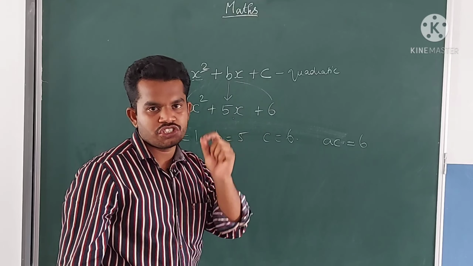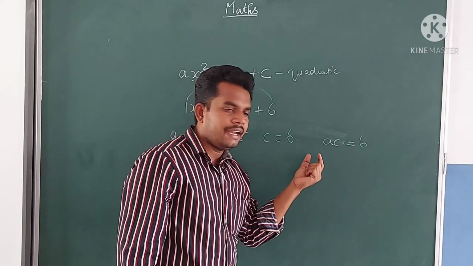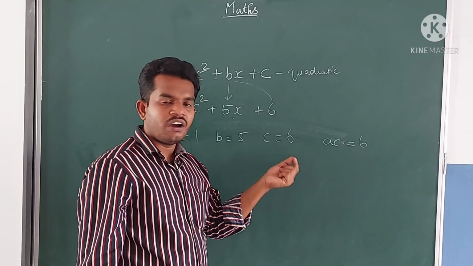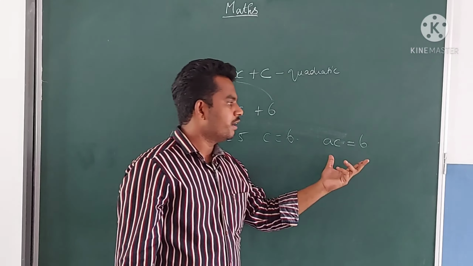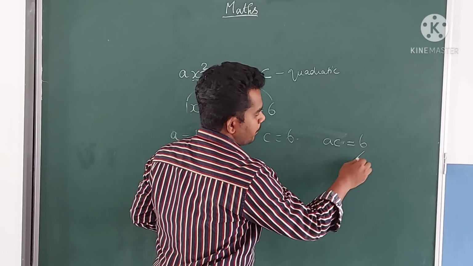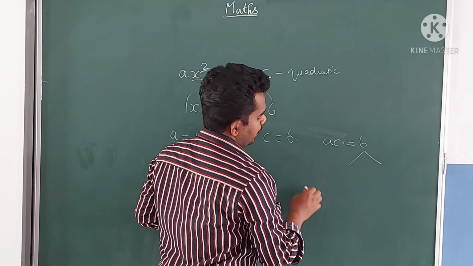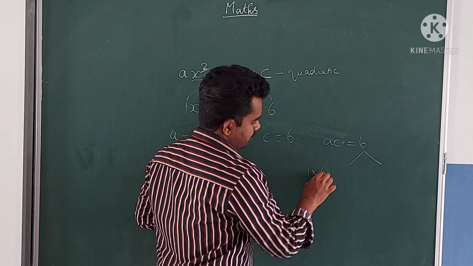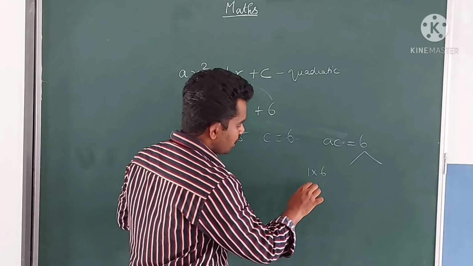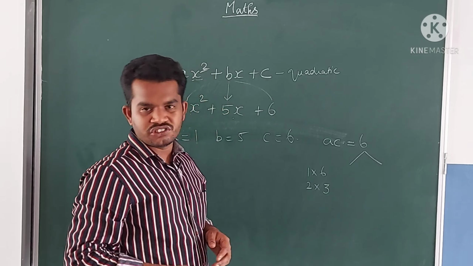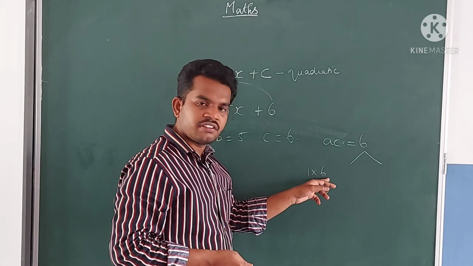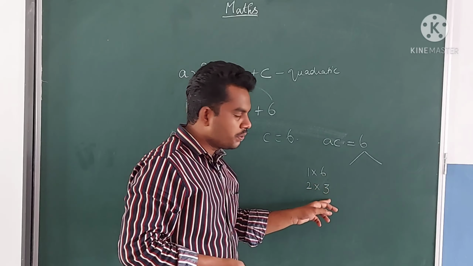That is the first step: you find the factors for 6. What are they? First, 1 into 6. Next, 2 into 3. That's all.